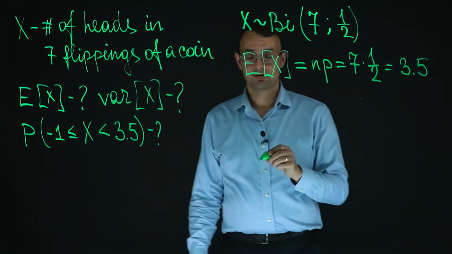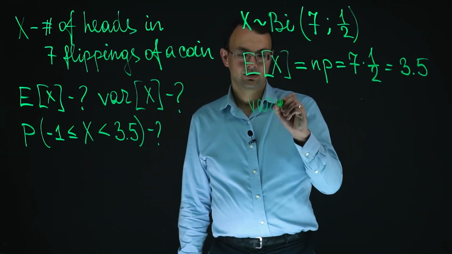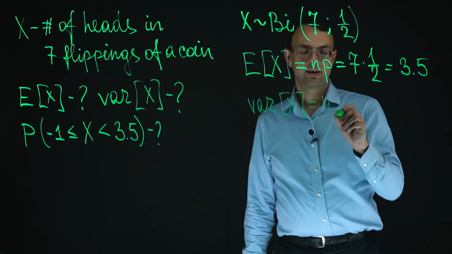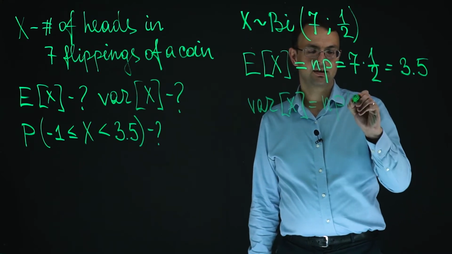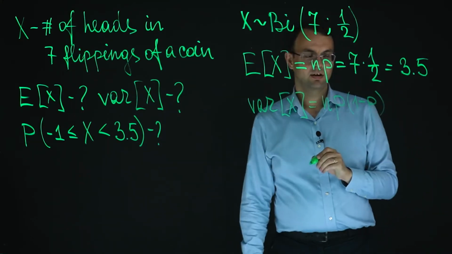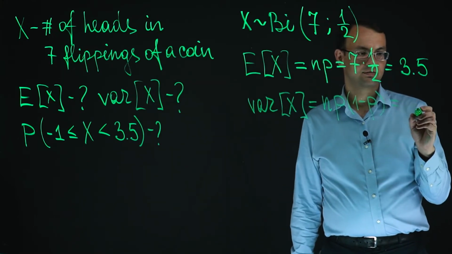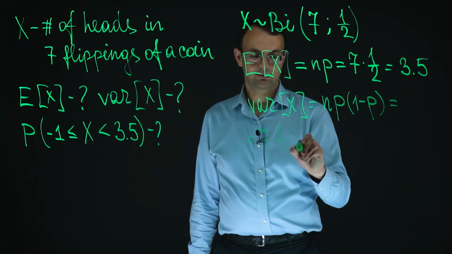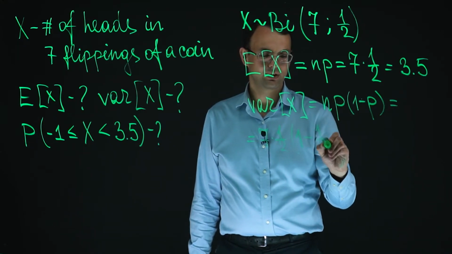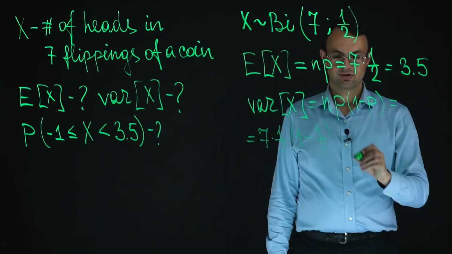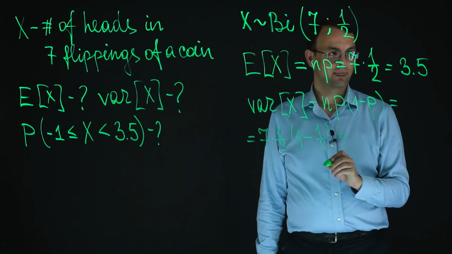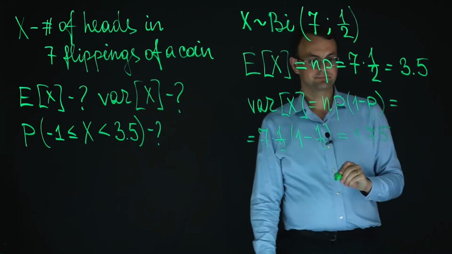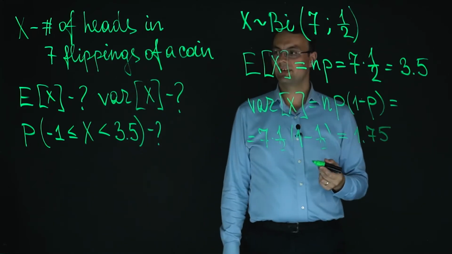Then variance. For variance of a binomially distributed random variable, you also have got a formula n times p times 1 minus p. So this means 7 times 1/2 times 1 minus 1/2, that is 1/2 also. And so this is 0.75. So this is the variance.